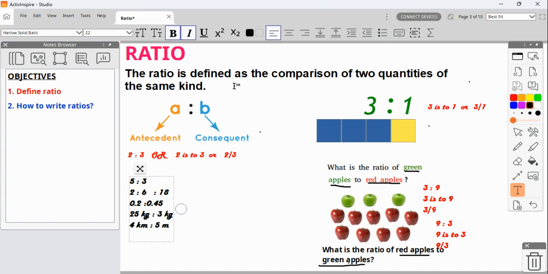Even ratios can be in fraction also, like 5 by 4 ratio 9 by 6. So these are some examples of ratios in which first I have given examples of integers, then decimals, then with units, and then I have given one example of fractions. So let's move to the next.